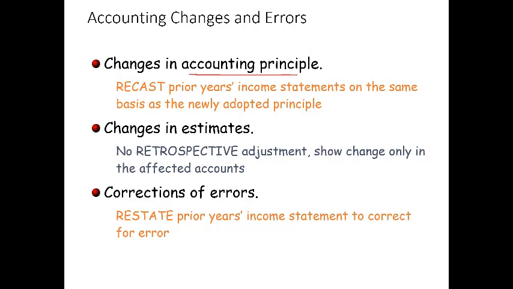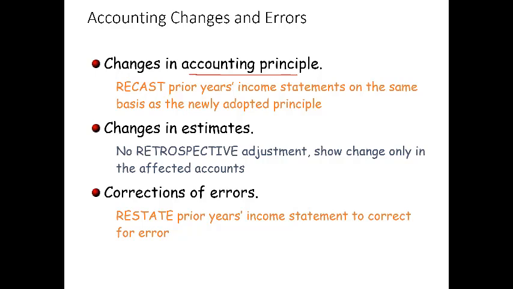So let's say we're going to change the way that we account for leases. But we have to go back, and for comparability to prior years, we have to recast prior year's income statements using that change in the way we're accounting for leases. So we have to recast prior income statements if we change accounting principle.